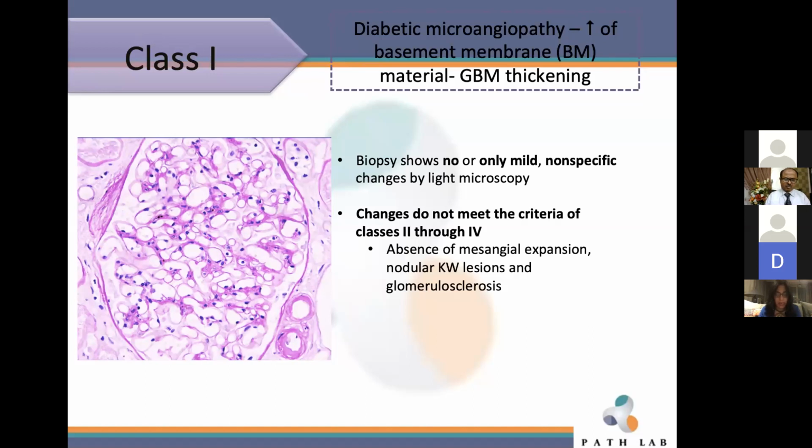But even in the early classes you get changes which are specific for diabetes: you get arteriolar hyalinosis, early thickening and fraying of the Bowman's capsule, and some mild thickening of the tubular basement membranes.